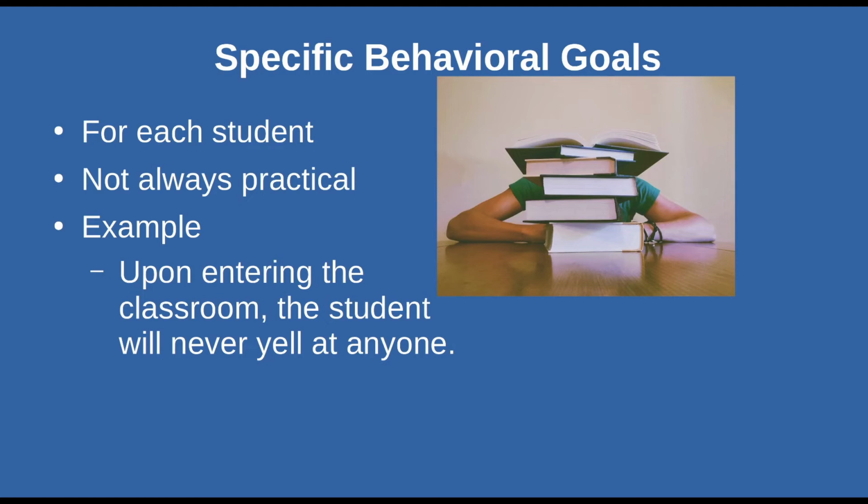Let's move on. Now, this next step really depends. When we talk about specific behavioral goals, these are for individual students. It all depends on what you're trying to modify here. If you're working with an entire class, it might not be practical to have specific behavioral goals for each individual student.